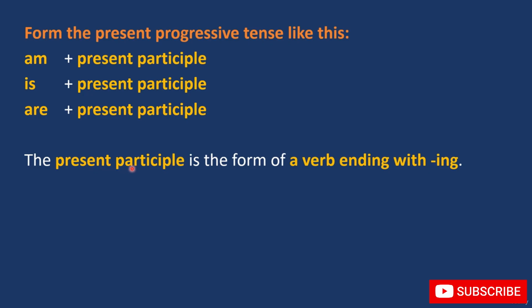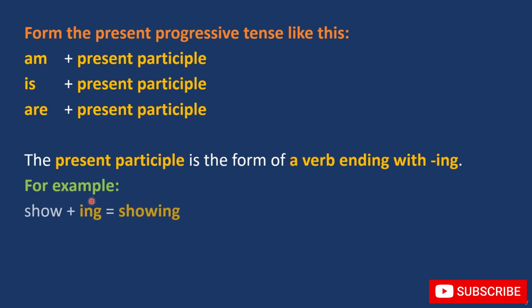The present participle is the form of a verb ending with ing. This is what we said. So if I use am or is or are plus present participle, or the verb ing, now I form the present progressive.